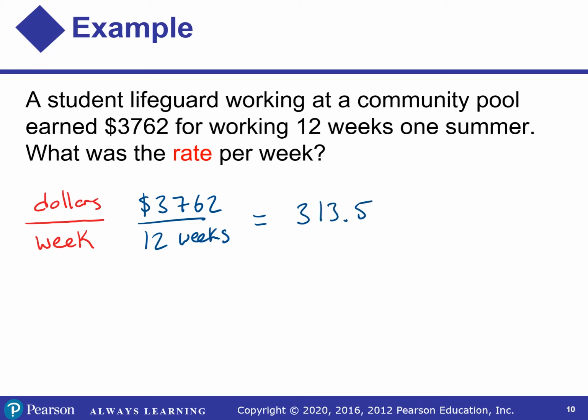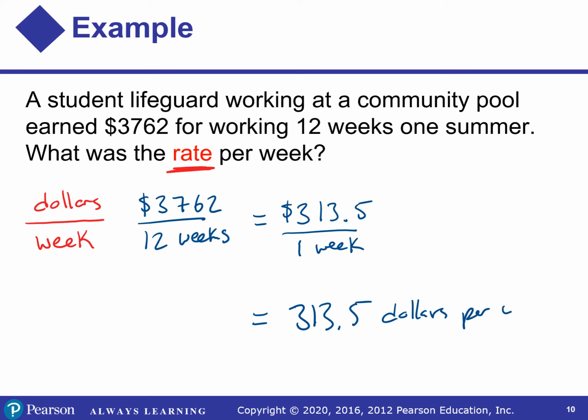So that's $313.5 per 1 week. All right, so the way we express the rate, like I said, normally just one single number would be $313.5 per week. So that would be basically the pay rate in this problem.